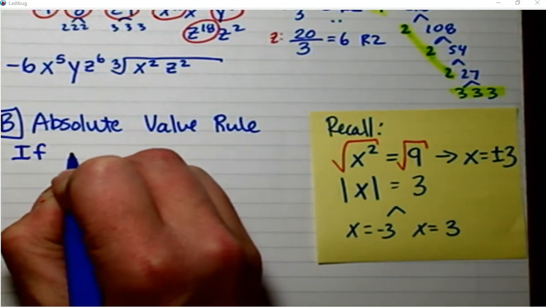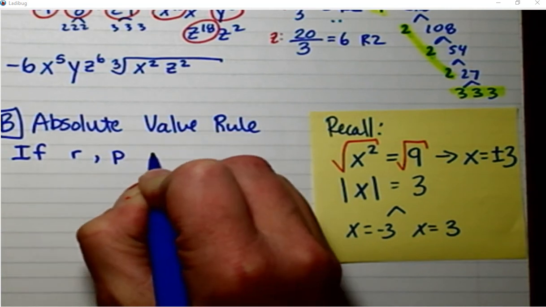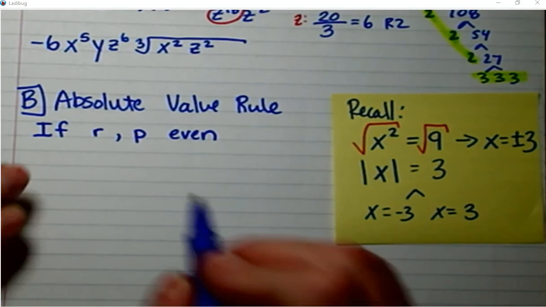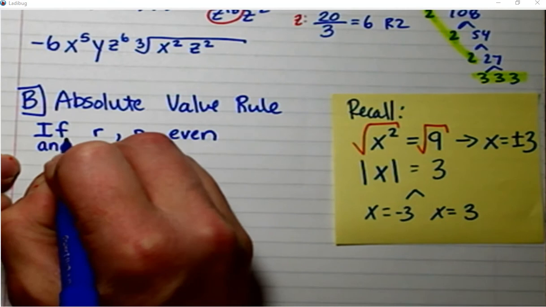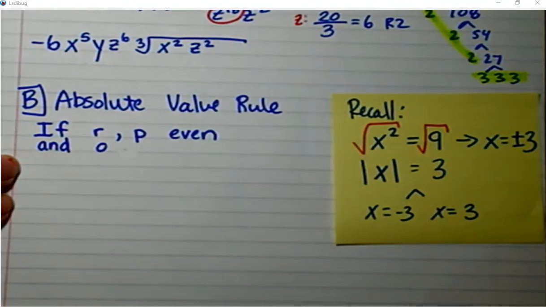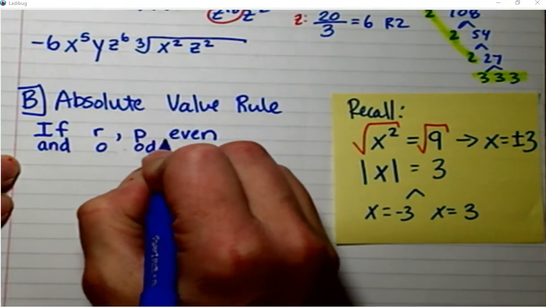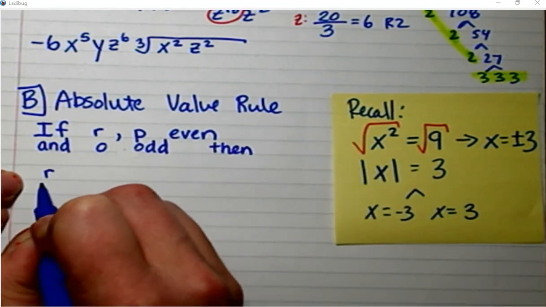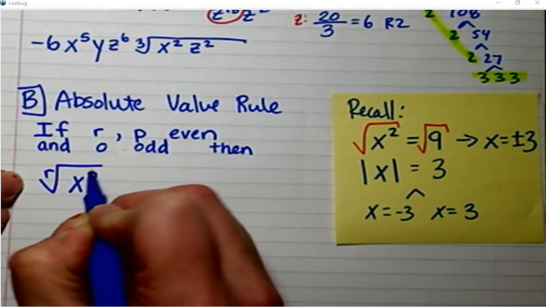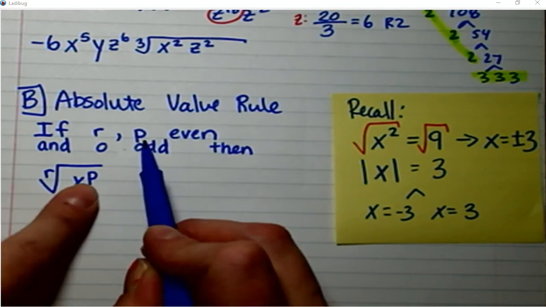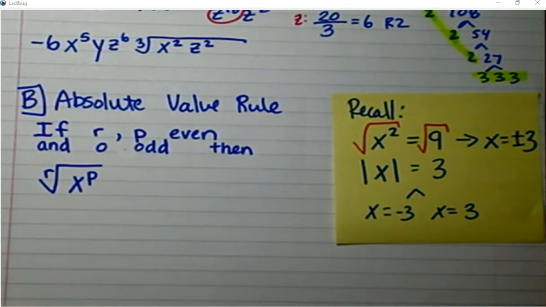If R and P are even, and I'm going to show you what R and P are, okay? And, okay, O is odd. Then, all right, so if we have an even root and an even power, if the root is even and the power is even, okay, even.